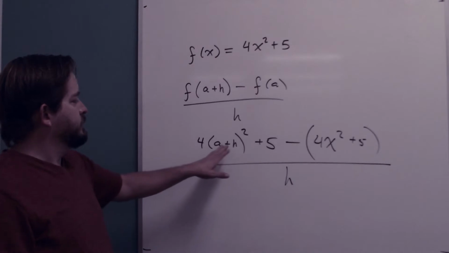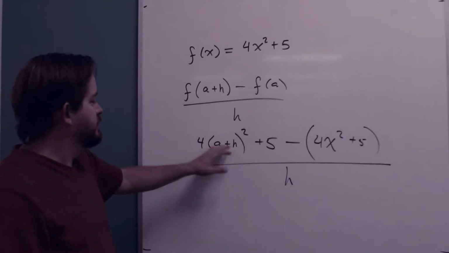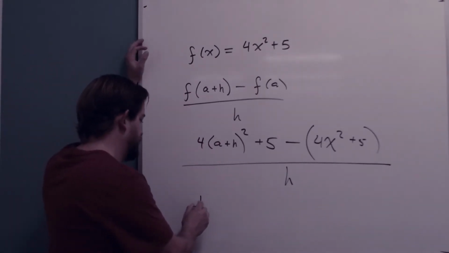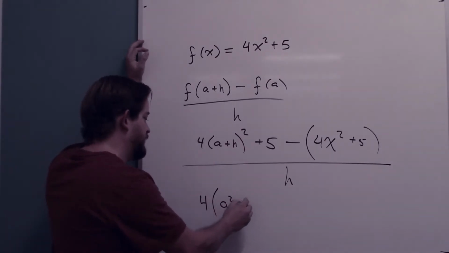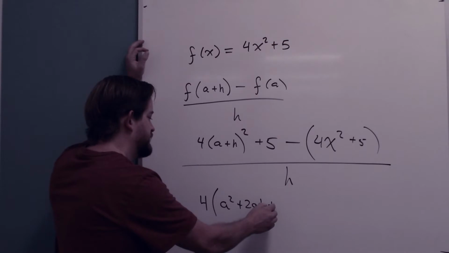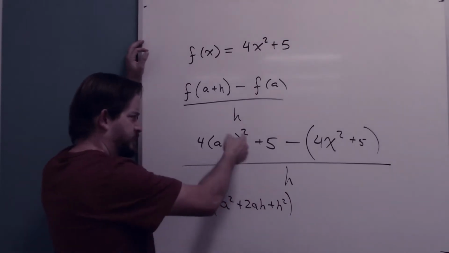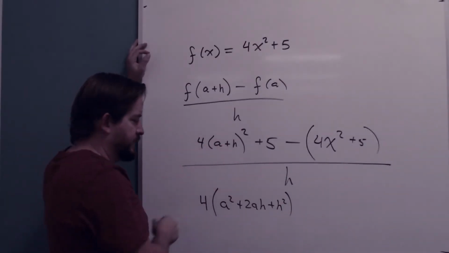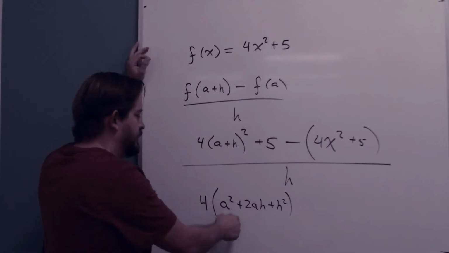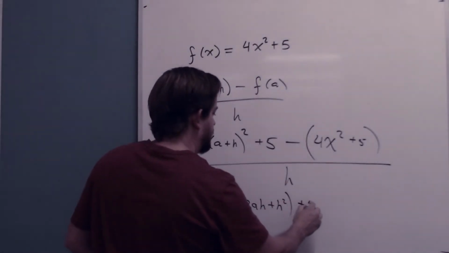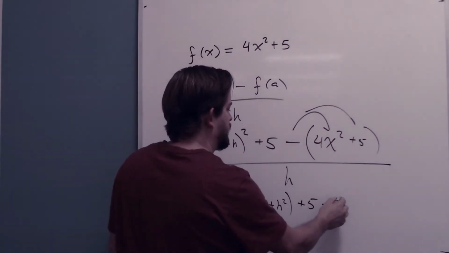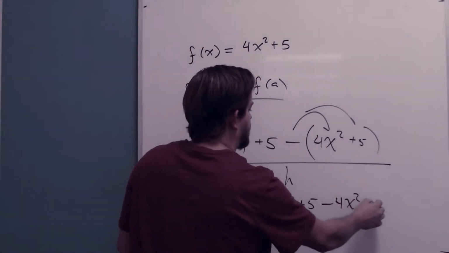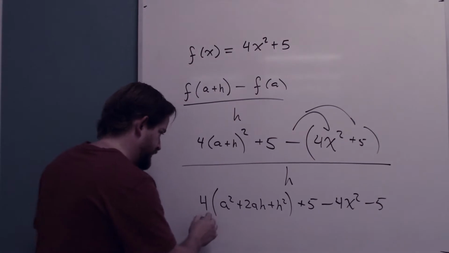So I want to expand this a plus h. There's a 4 still. A plus h squared becomes a squared plus 2ah plus h squared. Expand that, just a plus h times a plus h. Foil it if you need to. Plus this 5. And then I'll distribute this negative, so minus 4x squared, and then minus 5. Still all over h.